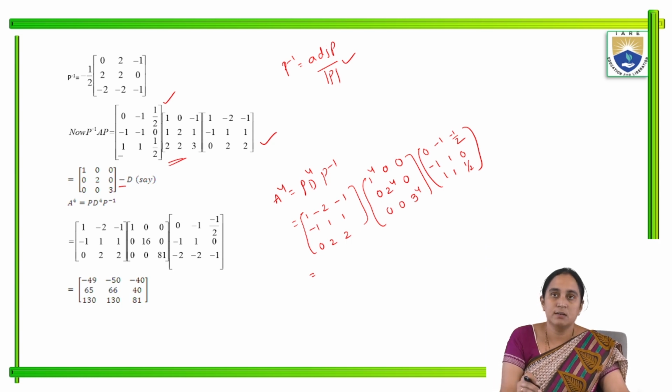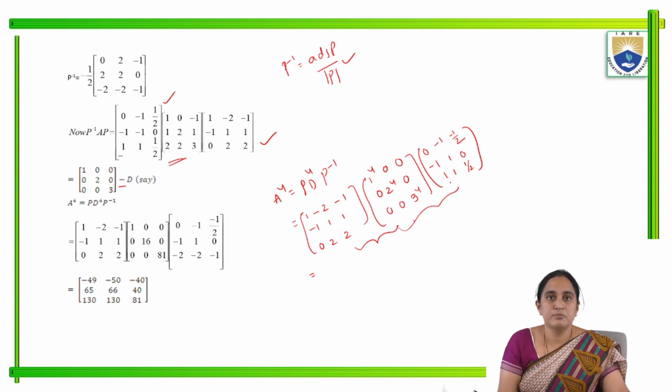Or else, if scientific calculators are not available, first of all we have to multiply two of them. After getting this answer, again multiply with the remaining one. After multiplying also, we get the same answer for A power 4.